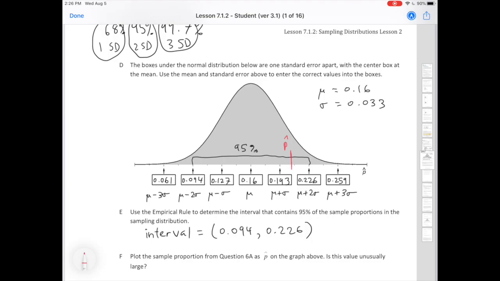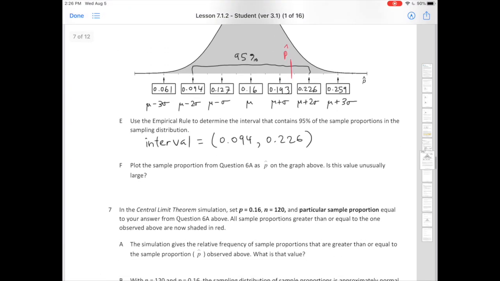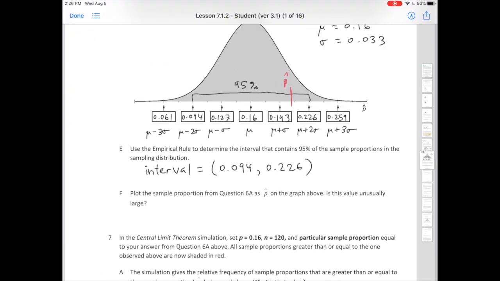So question, is that unusually large? How did we decide if things were unusually large in Math 21A? Remember, things are unusually large if they are more than two standard deviations above the mean. So is this value unusually large?